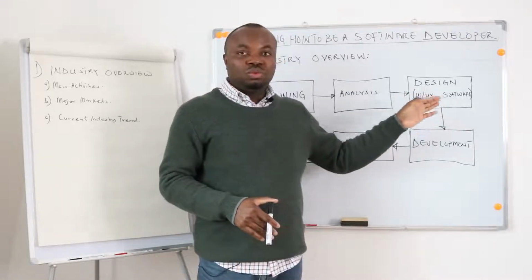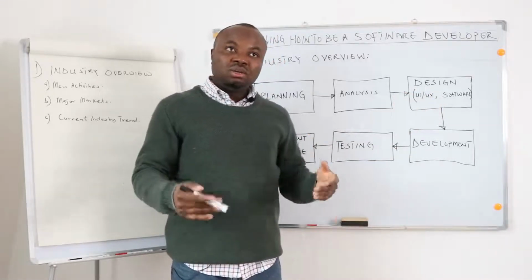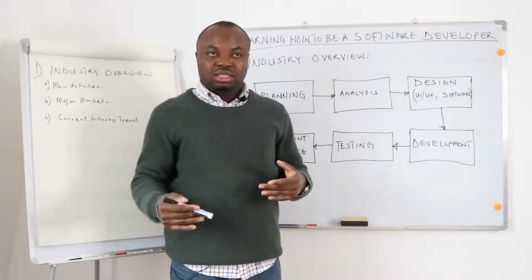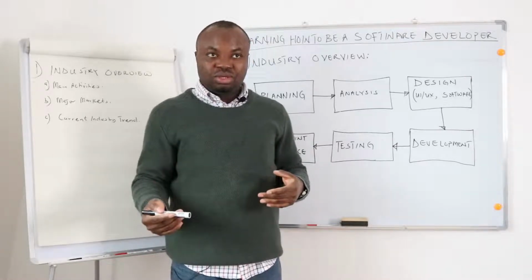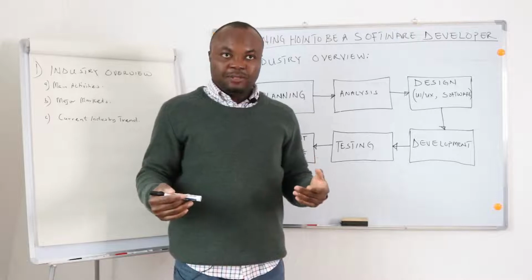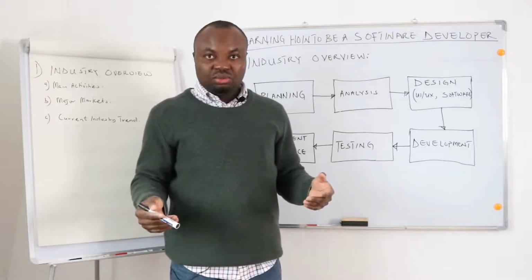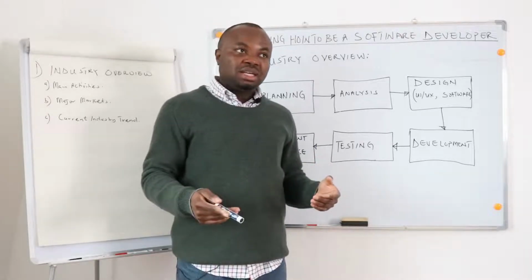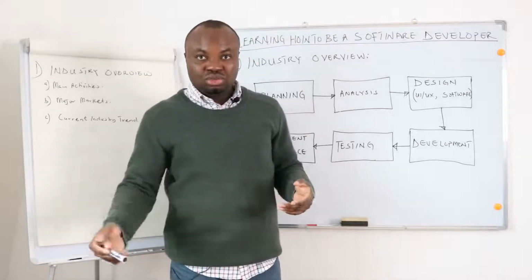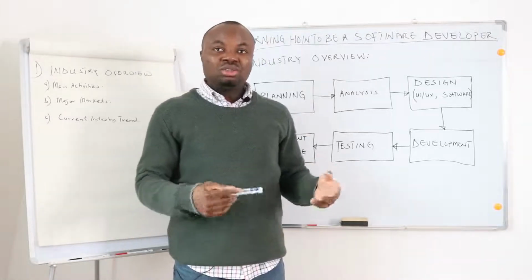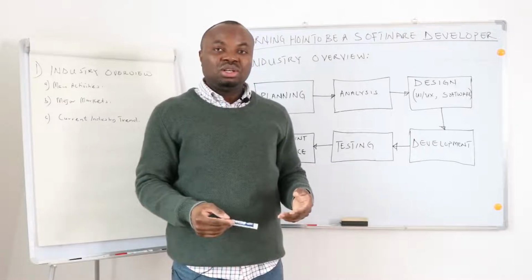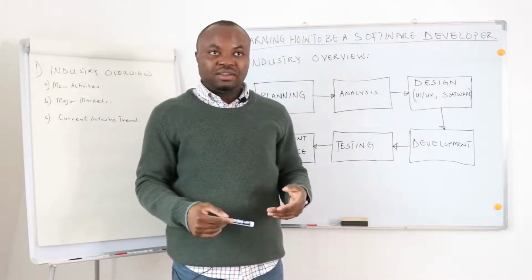When you are designing software, you look at the business that you want to support by building this software, and ask what architecture do I use? There are so many architectures you might want to explore. You might decide to ask, should I build a monolithic application or a microservice application? These are some of the things you do in the design phase.